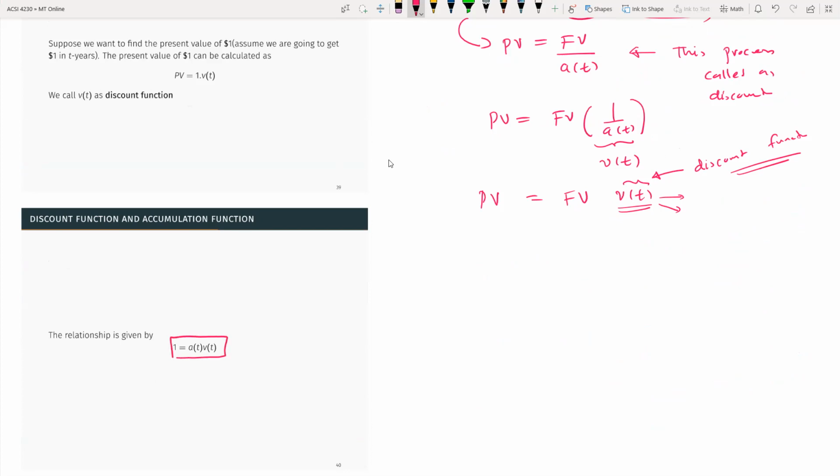If I define Vt equal to 1 over At, and then multiply, you would get that. That's what is actually hidden in this formula. In this case, this is your An, this is your Vn, or you can say discounting.